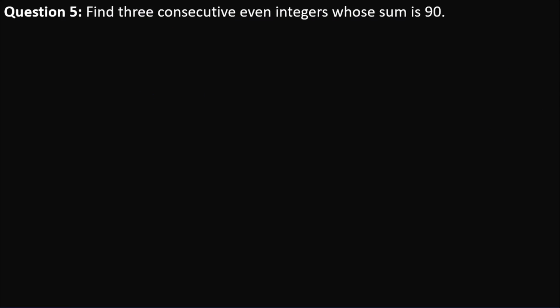So here another question is: find 3 consecutive even integers whose sum is 90. Okay, so consecutive even numbers mean x, x plus 2, x plus 4. So this way.